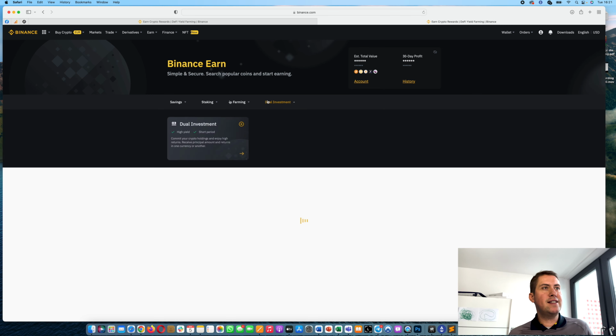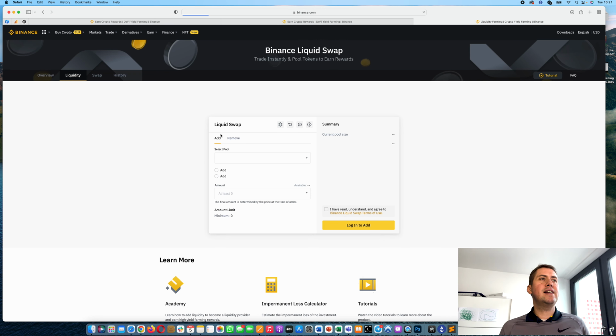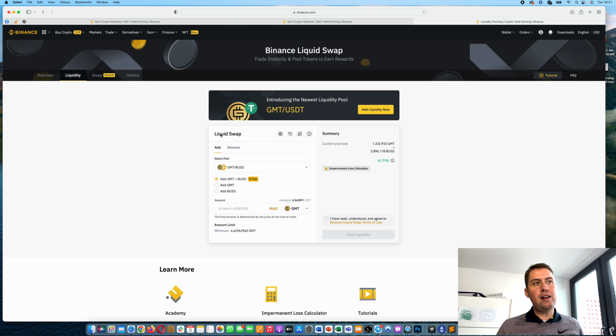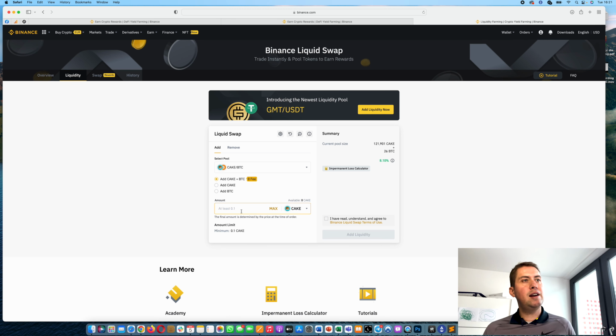Let's go to the next thing. That's farming. And farming, they have something there that they call liquid farming. And it's a bit complicated, but it's basically Binance version of Uniswap. I don't know if you know Uniswap, but how that basically works is you have a pool of two cryptocurrencies. So let's say we go to Cake BTC here, and you have a pool.